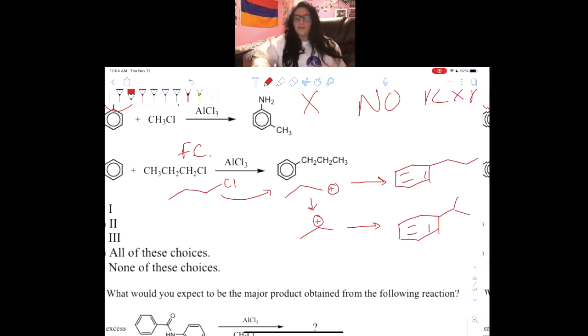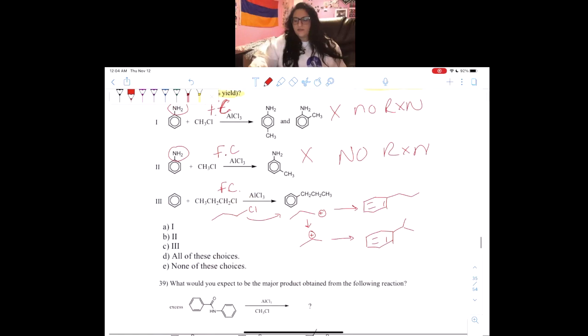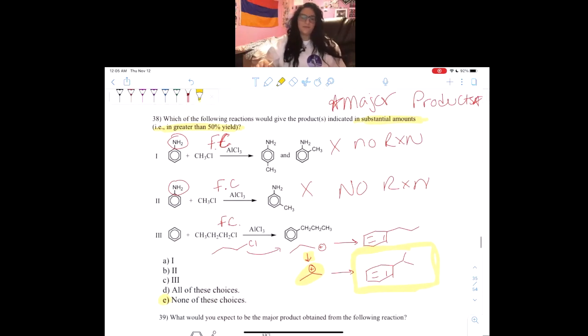And between these two, the major product will be this one because we want to undergo a rearrangement and get the more stable carbocation. So this is not going to be correct as drawn because this is giving you the minor product. So the answer for this question is E, none of the above. Ta-da!